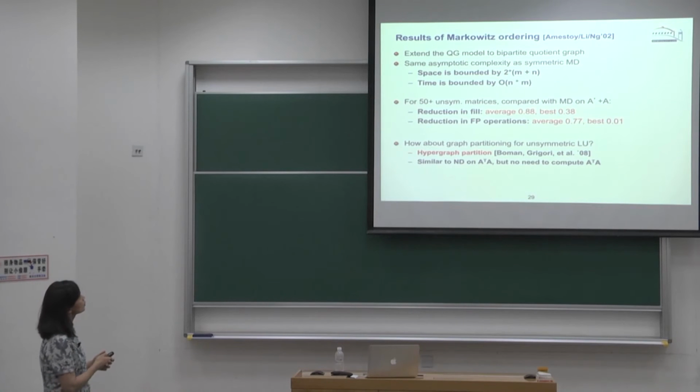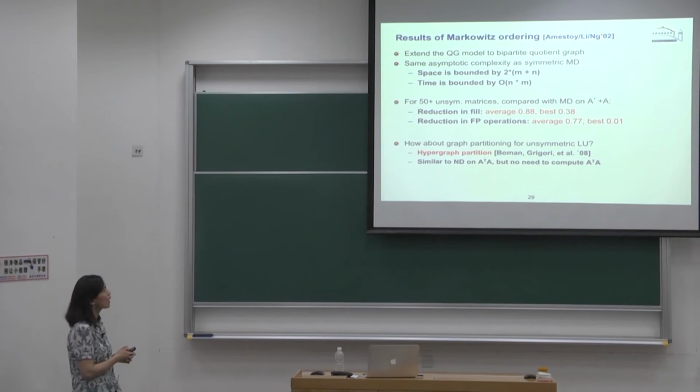So this is about the unsymmetric extension of minimum degree, and there's also some work, but not quite a lot, about using graph partitioning for unsymmetric LU, nested dissection for example. There's something called hypergraph partitioning.